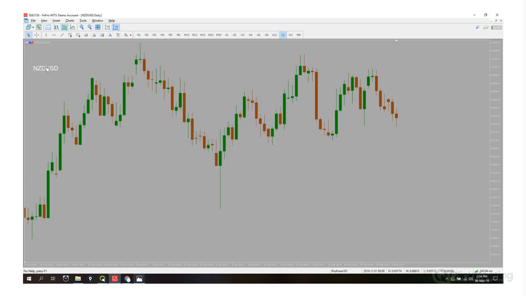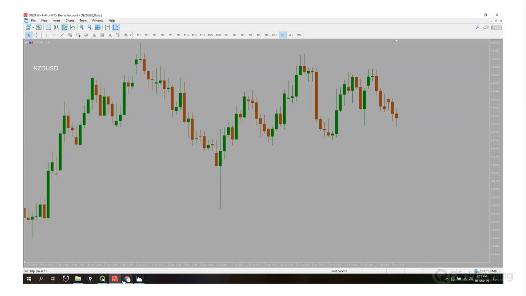On this chart we have New Zealand dollar, so that means New Zealand is our base pair and US dollar is the counter pair. So the price given here is how many US dollars we can get for a single New Zealand dollar. For a New Zealand dollar you get 0.67, so 67 cents.